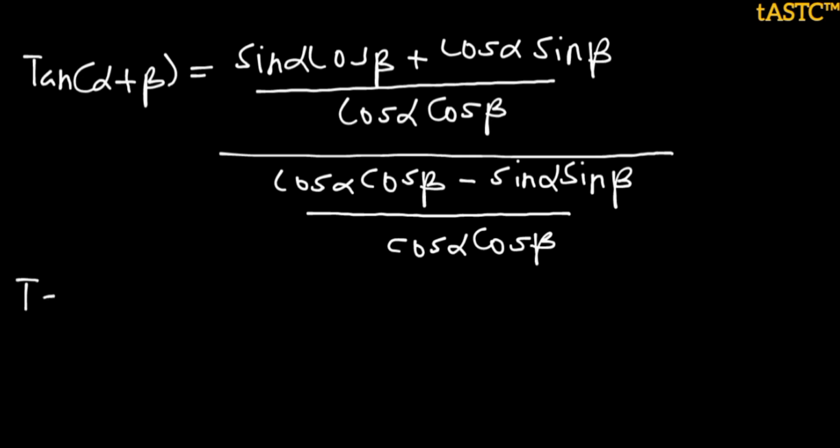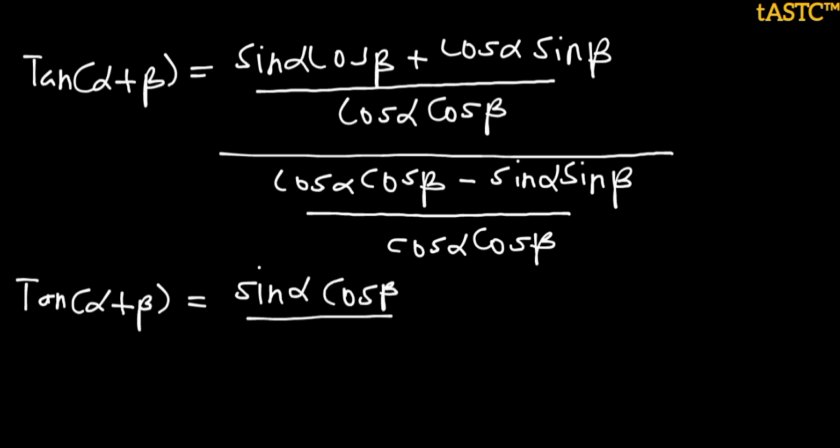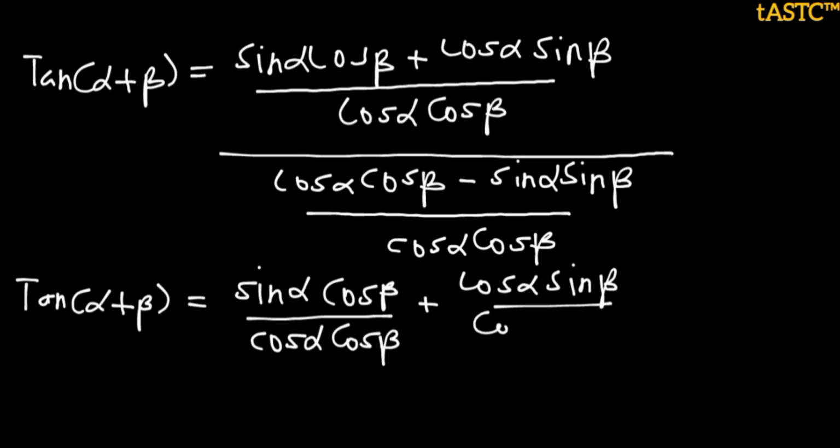Now from here, it is very possible to split these fractions. I could well have this divided by this plus this divided by this, and the same thing will happen for the denominator. So this is what we should have: sine alpha cos beta divided by cos alpha cos beta, plus cos alpha sine beta divided by cos alpha cos beta.